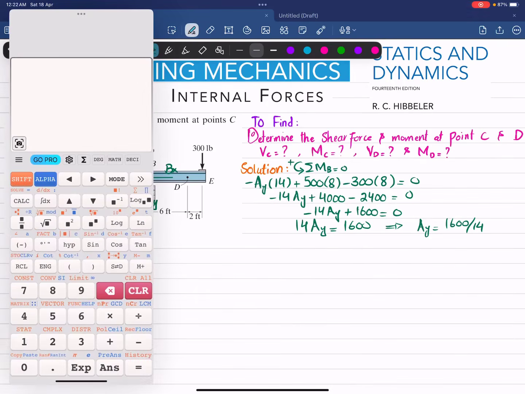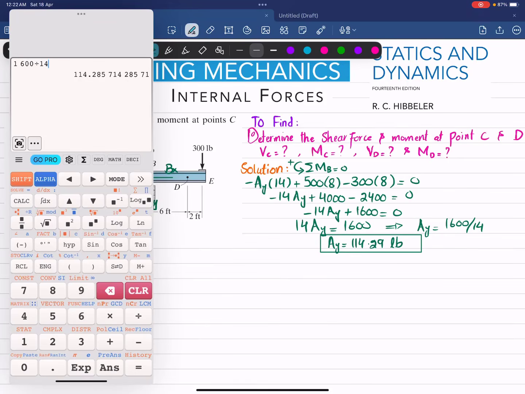AY comes out to be 114.285, which we round off to 114.29 pounds. So this is your AY.